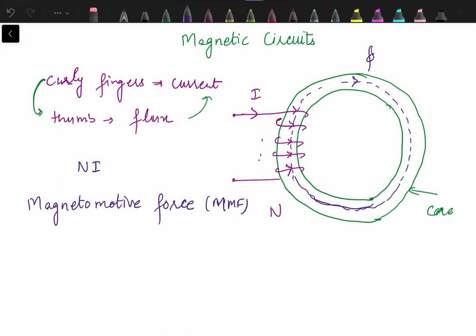So magnetomotive force is given by N into I, which has units of ampere turns. So this is basically a driving force for the flow of flux through the magnetic path.